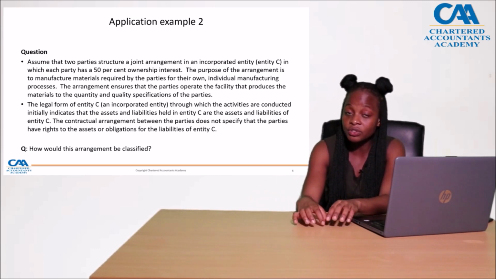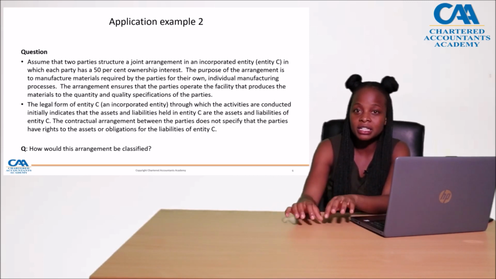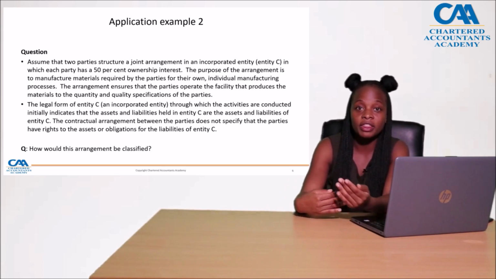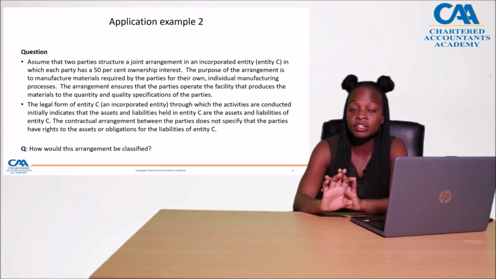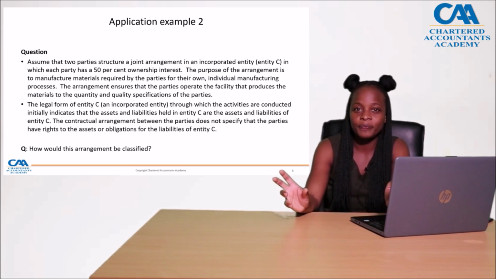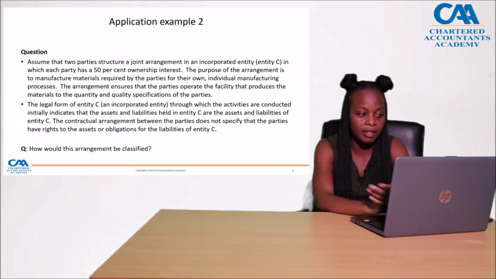Because the parties to this arrangement are first getting the output. So they're basically just trying to break even, covering costs when manufacturing, and then they take the materials and do whatever they're using them for.